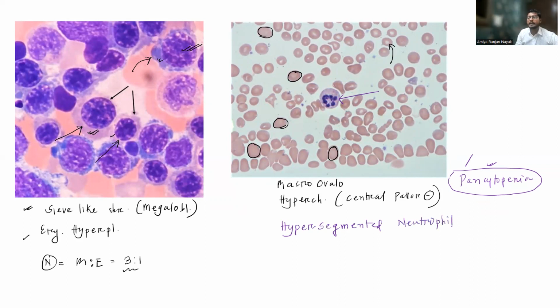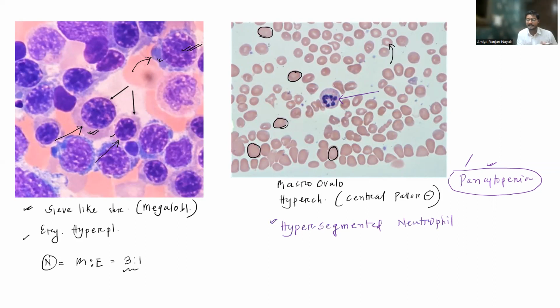Normally the nucleus of the neutrophil should have 3 to 4 lobes. But in this condition, because of defective nuclear maturation, they will have more lobes. So that is known as hypersegmented neutrophils, but this has a definition.